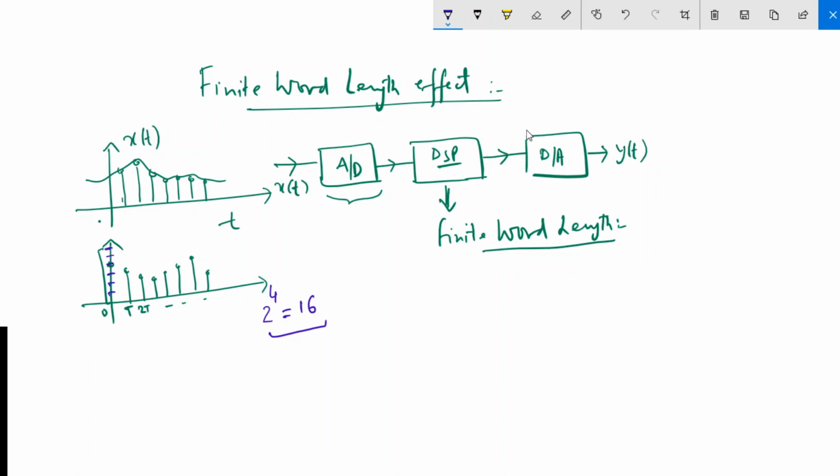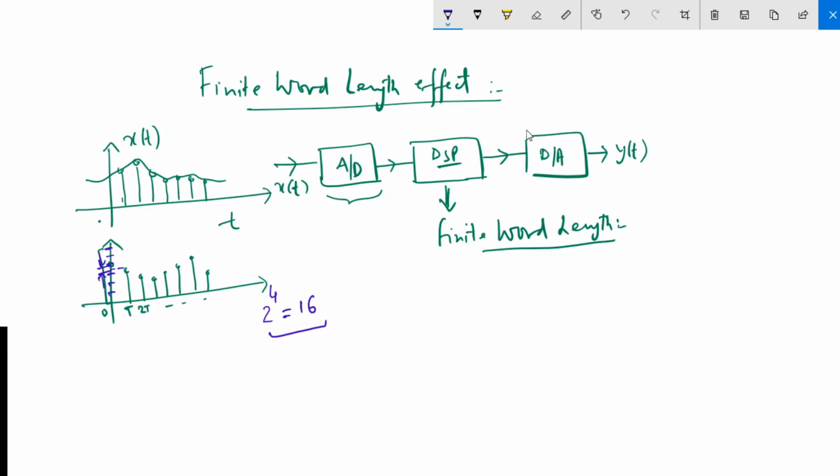Now at any time, suppose at this time, this is the actual sample value. If it matches with a predefined level, it is okay. If it does not match with a level, you have to round it off to the nearest value. So this value may go here, or it may come here, depending upon which is nearest, and this is now the error in the amplitude.